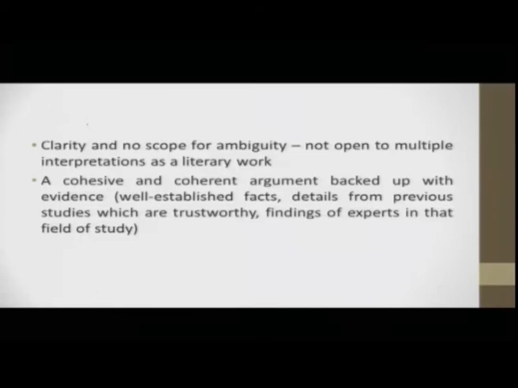When we say evidence, what we mean here in an academic context is, there are some facts which are well established, then there are details from previous studies which are trustworthy. That is important. You cannot depend on previous studies which are not very credible. The research methodology might be a flawed one, or there may be other issues.